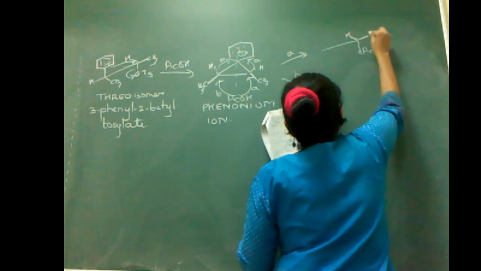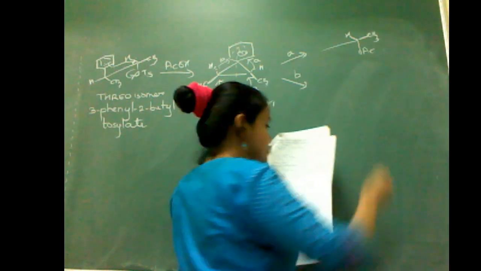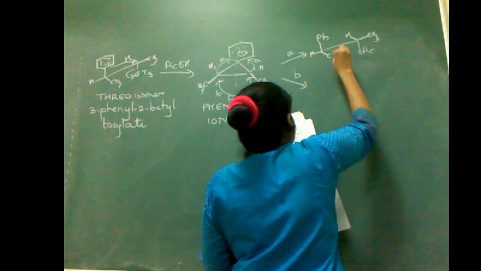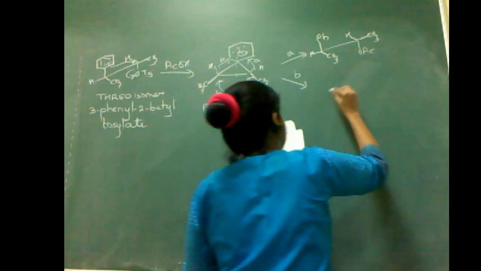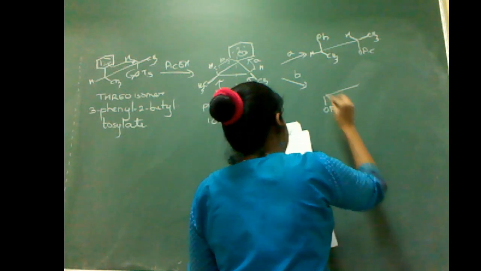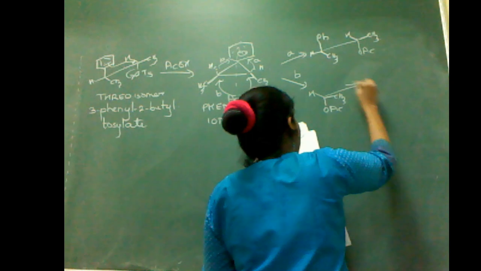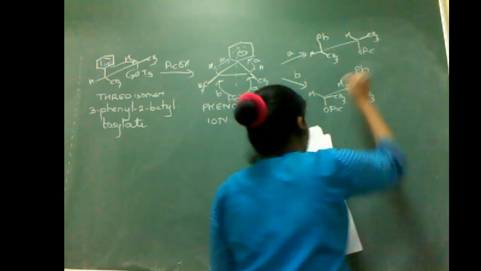Hydrogen and methyl group are written like this, then you have the phenyl group, then the hydrogen and the methyl group. Then you have the OAc group, hydrogen, methyl group, hydrogen, methyl group, and the phenyl group.